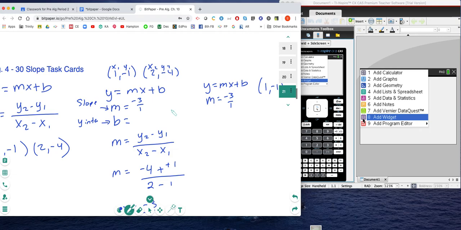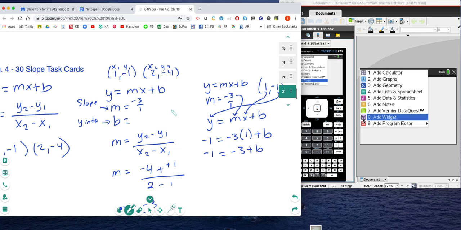So I'm going to write my formula: y equals mx plus b. The y is going to go here, the m is going to go here, and the x is going to go here. So it's going to be -1 is equal to -3 times 1 plus b. -1 is equal to -3 plus b.